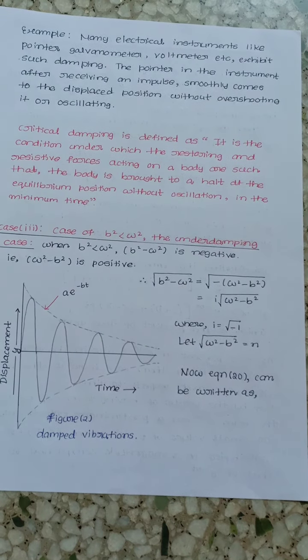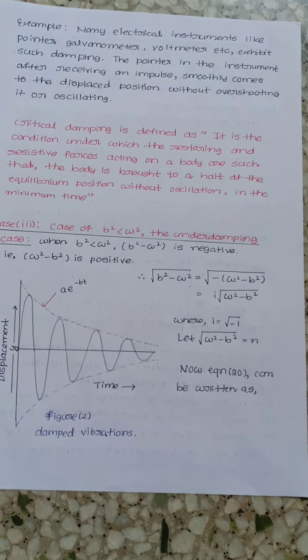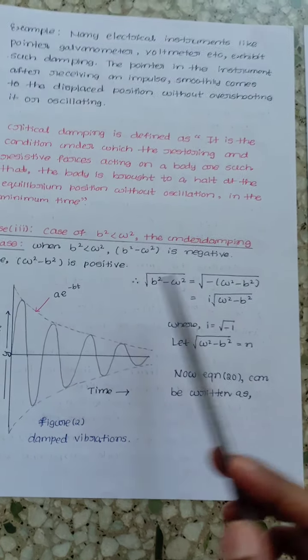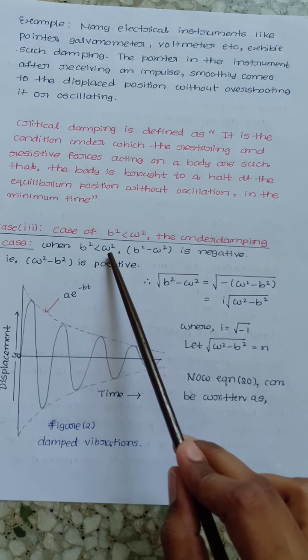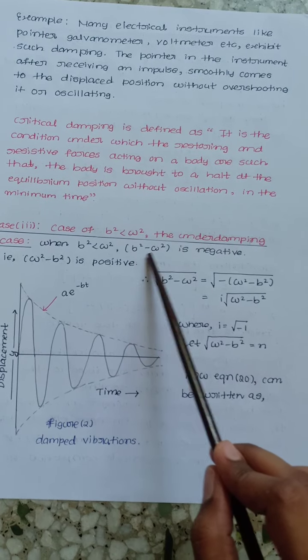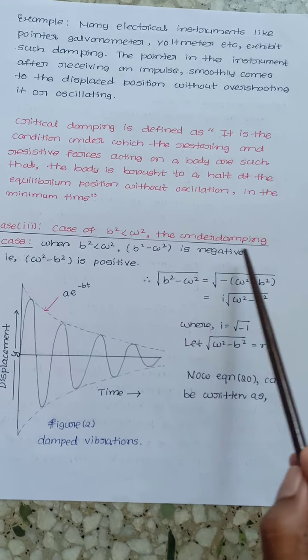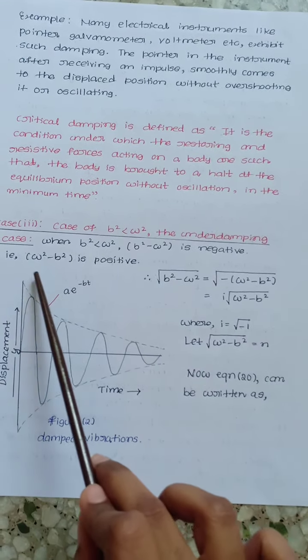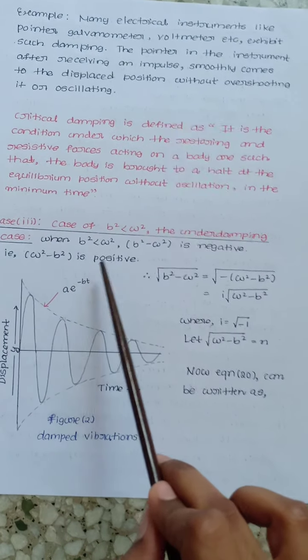Next is case 3, the case of underdamping. Here, when b square is less than omega square, b square minus omega square is negative, which means omega square minus b square will be positive.